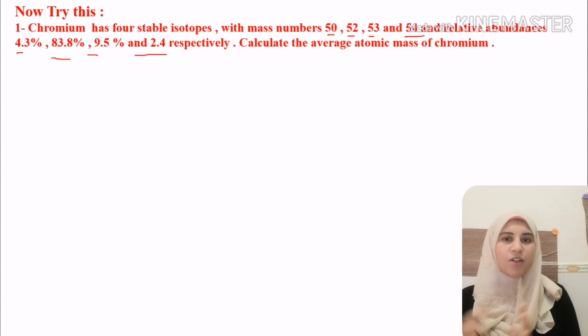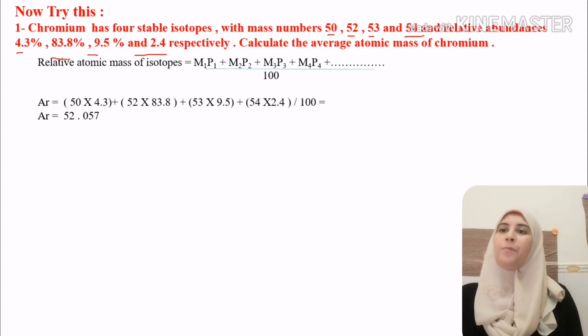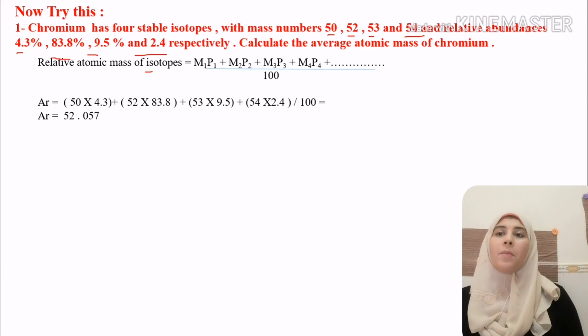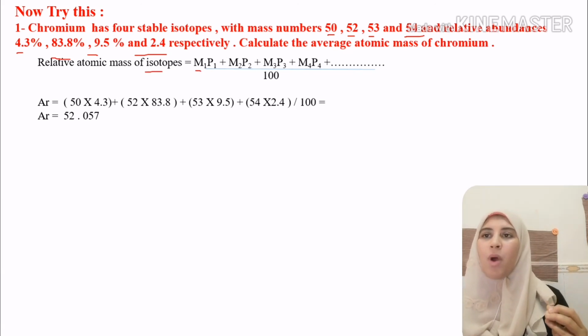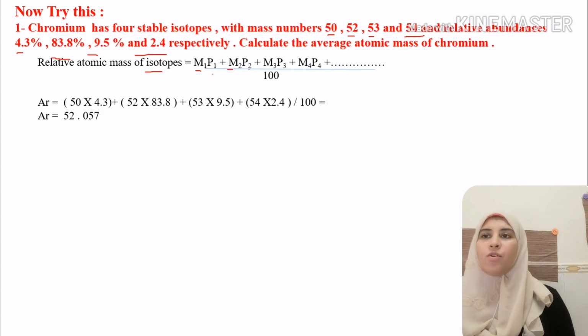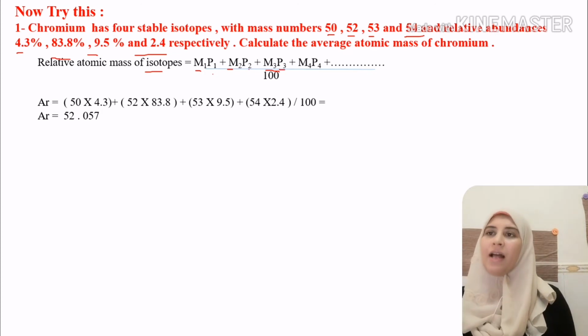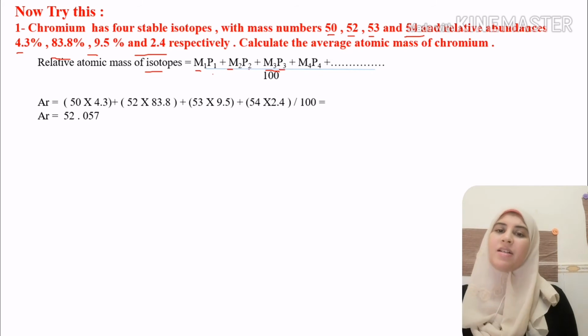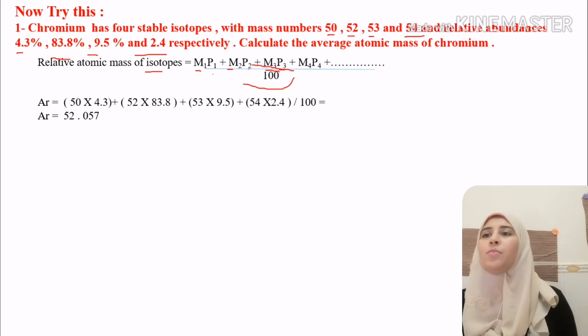So let's start to calculate it together. Relative atomic mass equals the atomic mass of the first one times its abundance plus the atomic mass of the second one times its abundance plus the third one plus the fourth one, divided by 100.